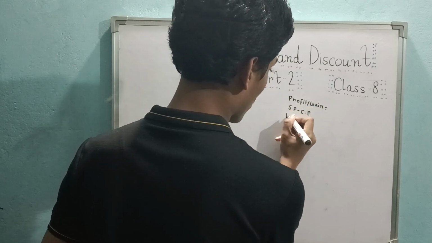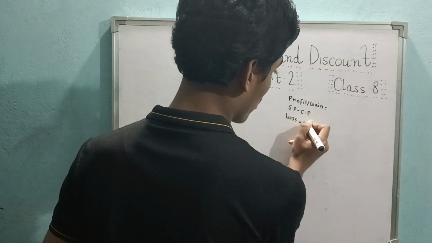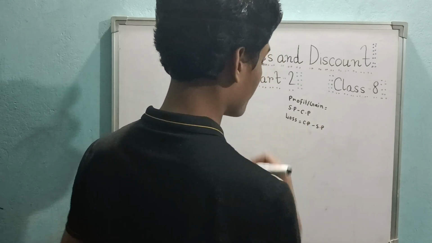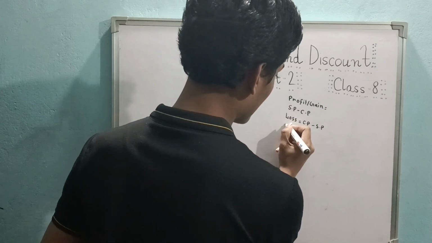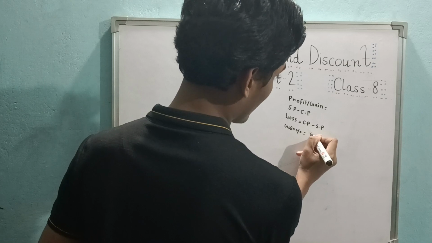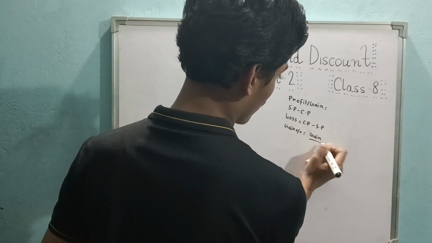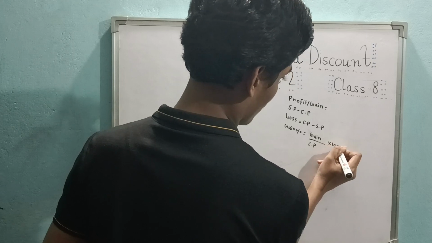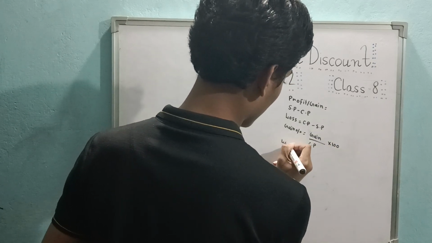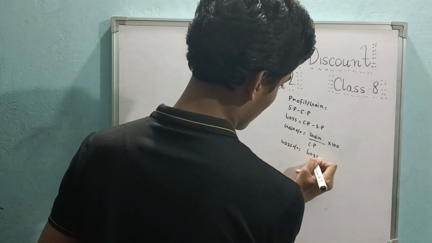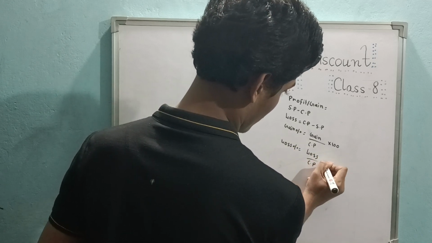Loss equals cost price minus selling price. Gain percent equals gain or profit, which is selling price minus cost price, divided by cost price, multiplied by 100. Loss percent equals loss divided by cost price multiplied by 100.